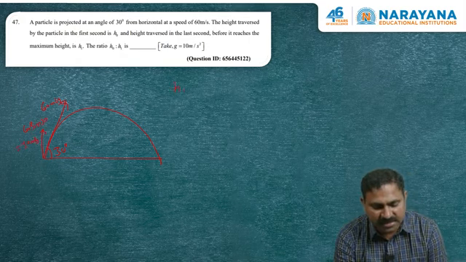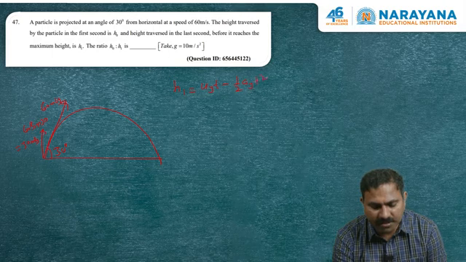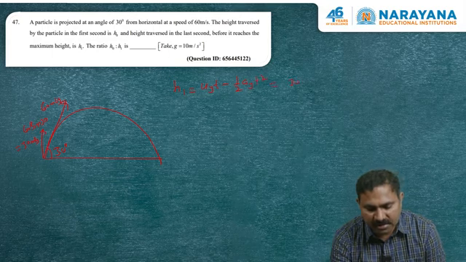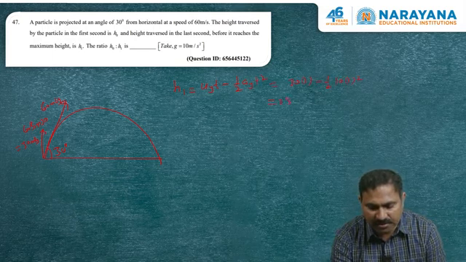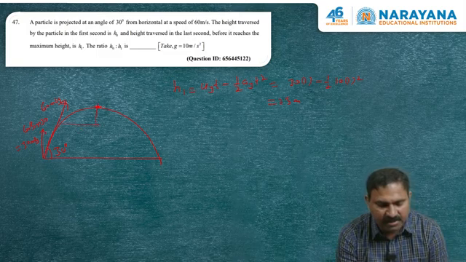Displacement in the first second is h1. Usually we can use ut minus half a t square form here. This is 30 into 1 second minus half 10 into 1 second square. This is 25 meters. The last 1 second is the same as the first second while it is projected horizontally from the highest point.